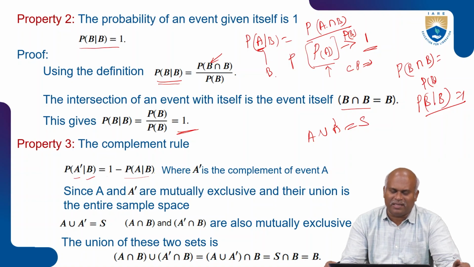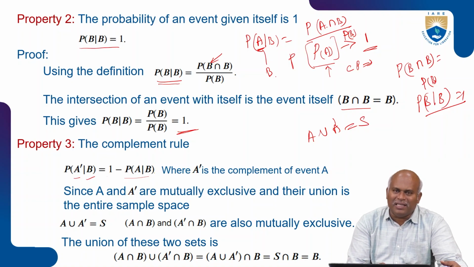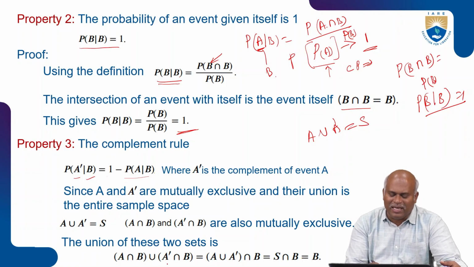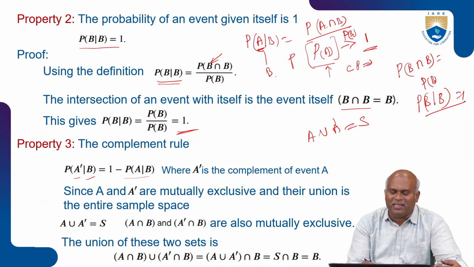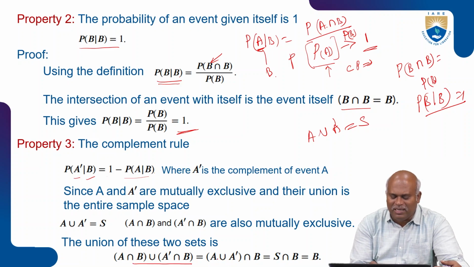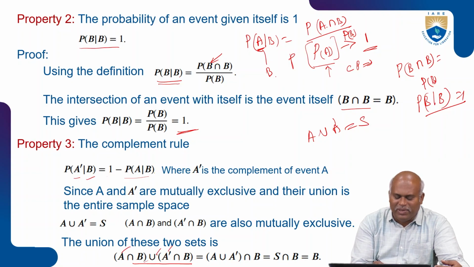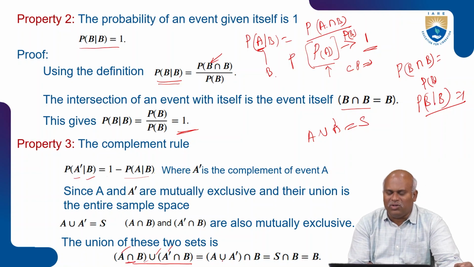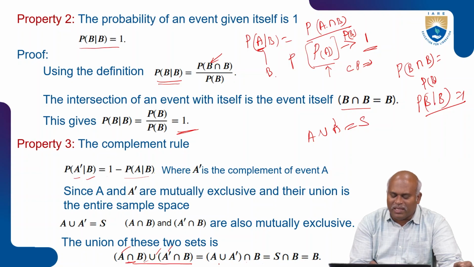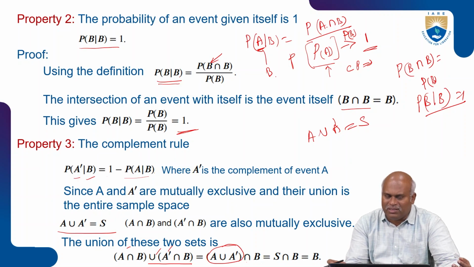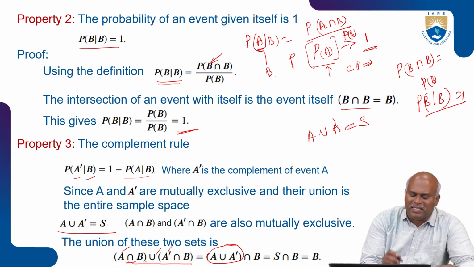The union of the two sets I write as A intersection B union A dash intersection B is equal to, simplifying this equation, A union A dash intersection B, since B is common. This A union A dash is equal to S.